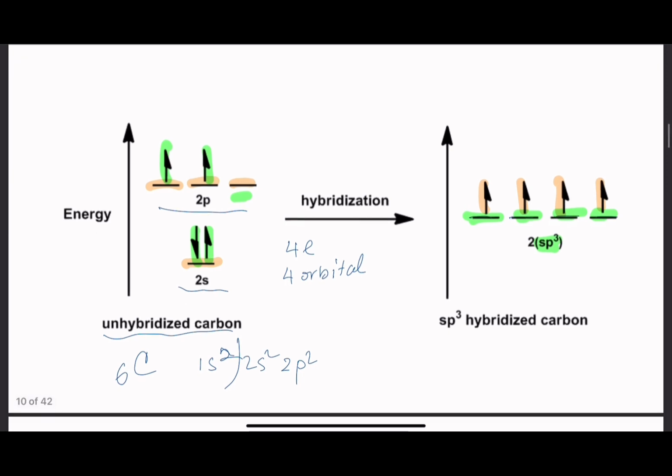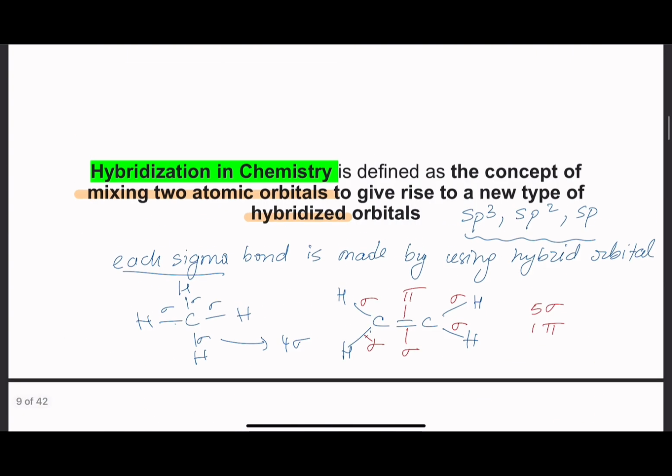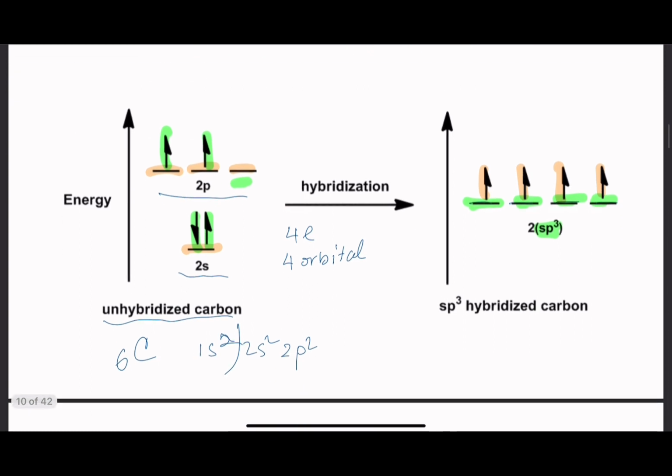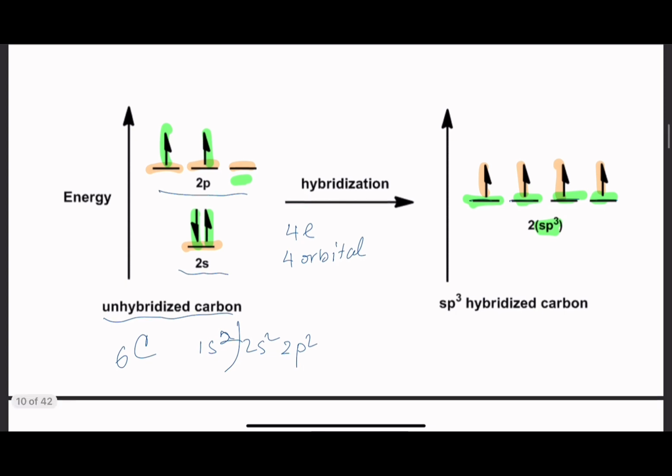So this time, if you remember, I told you we make sigma bonds, right? So I'm gonna use each of these electrons to make a sigma bond. So in this hybridization, I can make 4 sigma bonds.